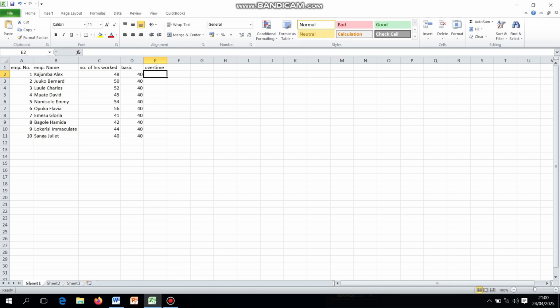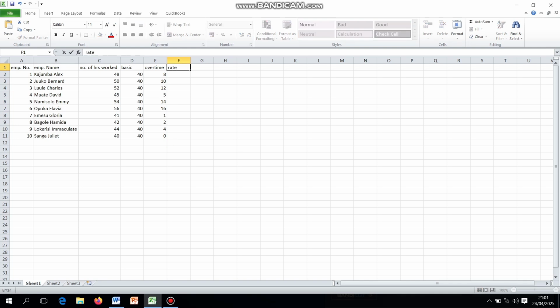So I'll use my equal sign, get my number of hours worked, then subtract off the basic or the standard hours. Then when I get it, I will autofill and it will give me the number of hours for overtime.